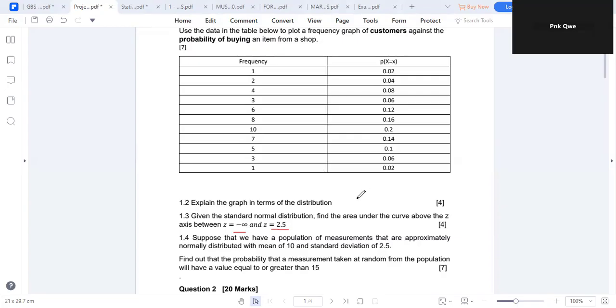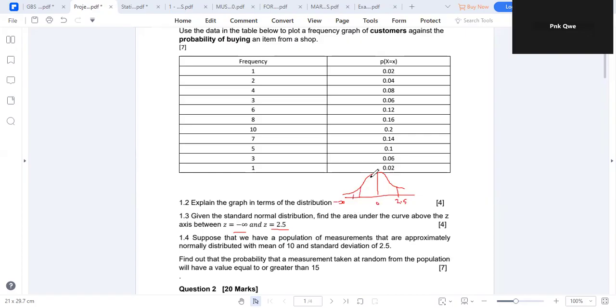We know that negative infinity comes from the negative left. So the area under the graph we're looking at is simply here. This is negative infinity here, and we have positive 2.5. So the area under the graph between these two.